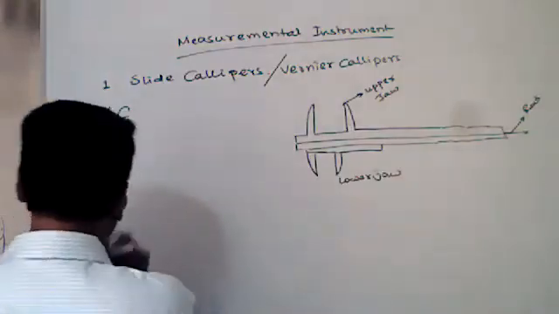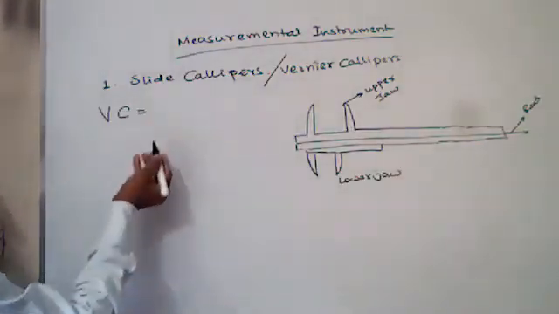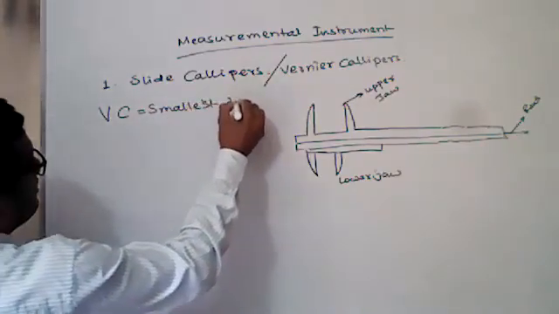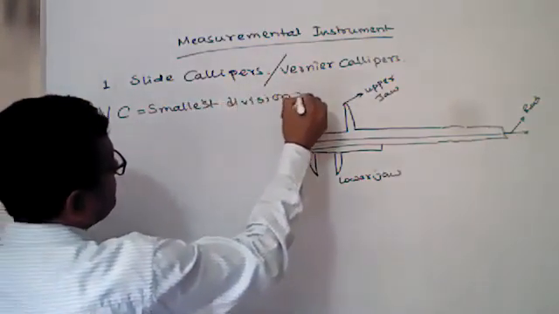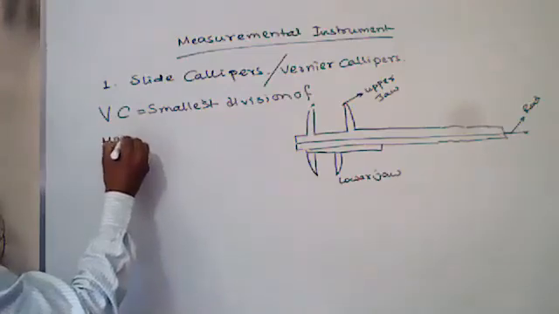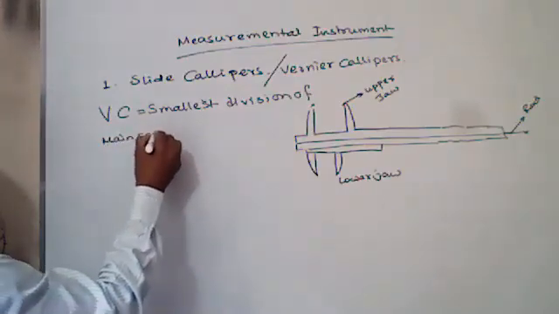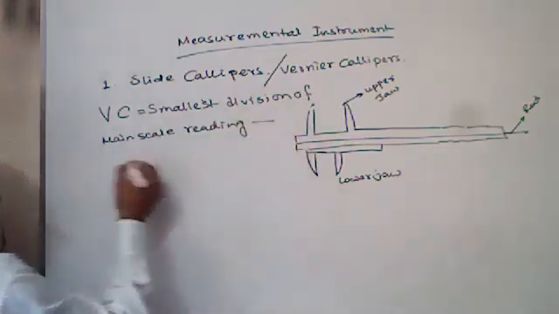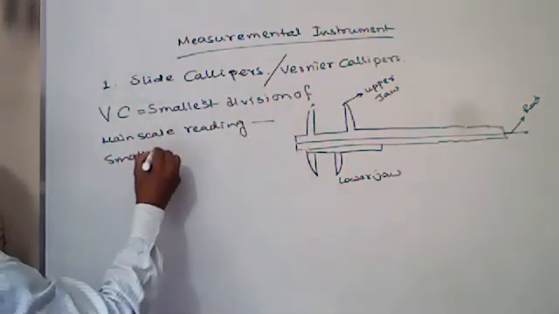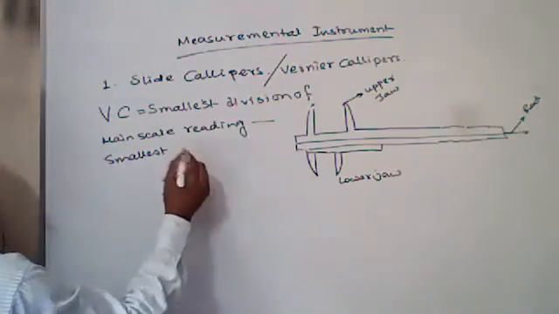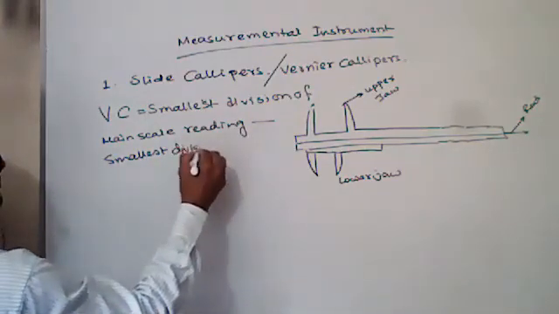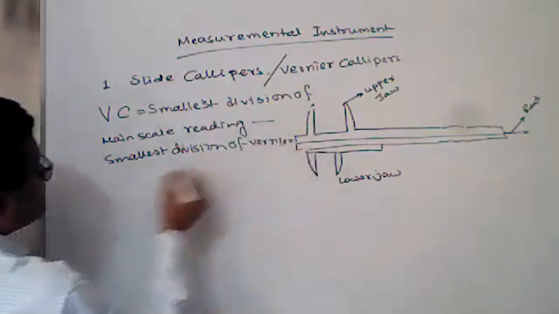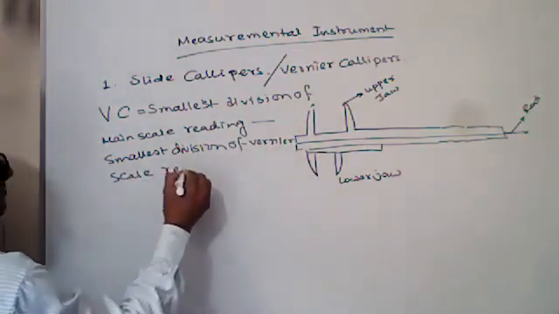So we can say the Vernier constant is the smallest division of the main scale reading minus the smallest division of the Vernier scale reading.